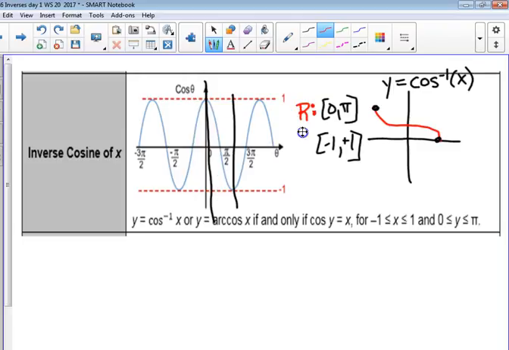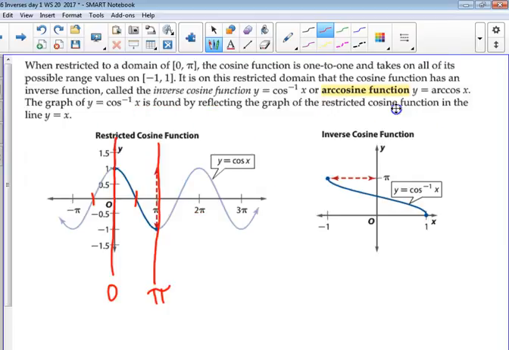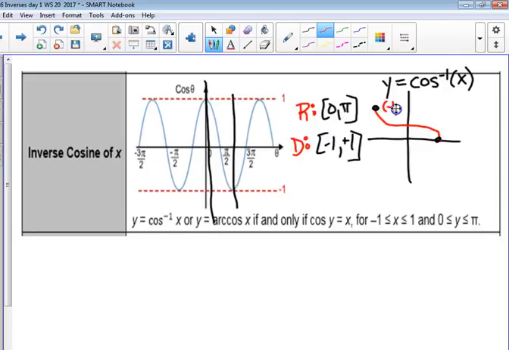The y values were -1 to +1, so that's now the domain. So this is -1. Do I have it drawn wrong too? No, it's -1, pi, down to +1, 0. Again, you don't have to know the graphs.